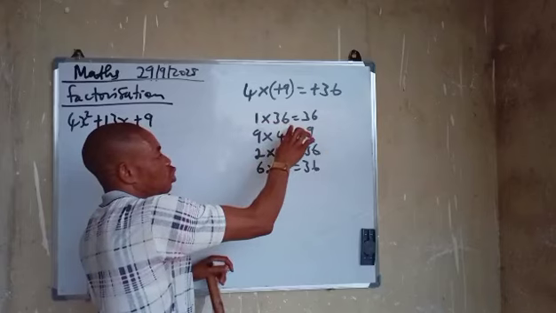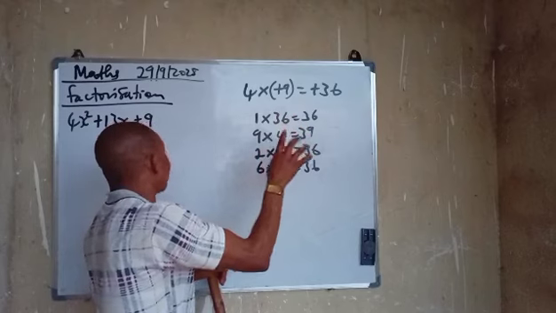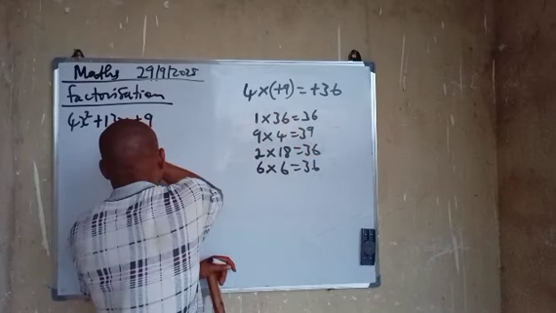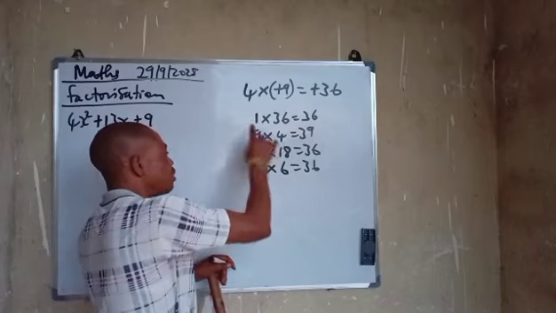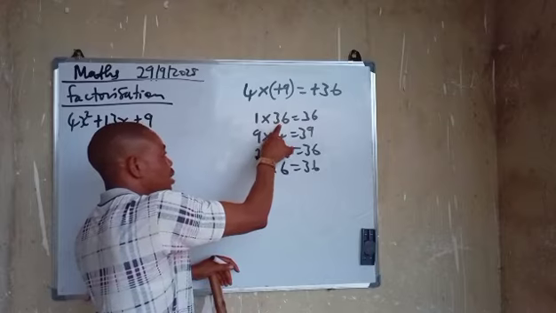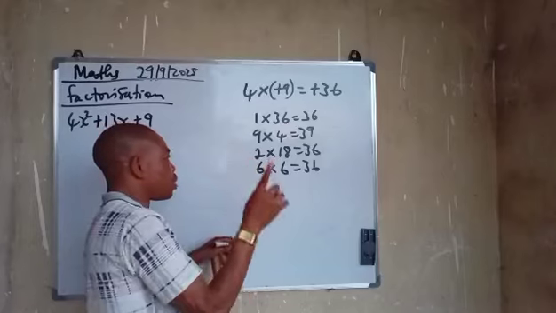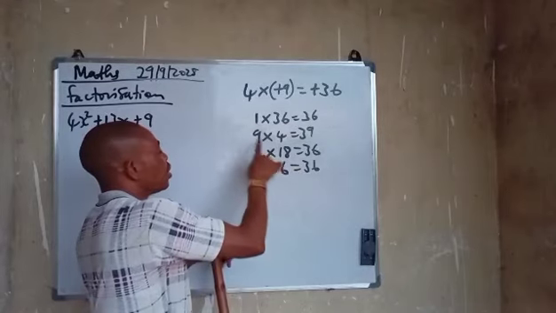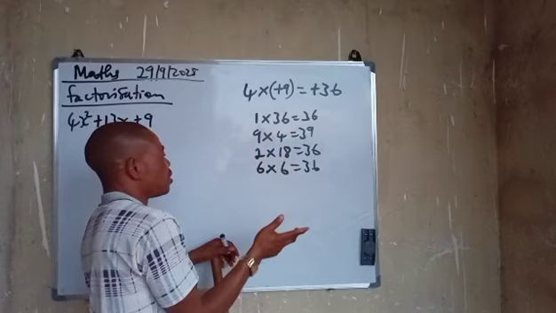Then in the next step, after getting the factors, we look for any pair that, when we add or subtract, will give us the coefficient of the middle term, which is plus 13. So we check the first one, 1 and 36 cannot give us 13, even in addition and subtraction. Then 9 and 4, there is service there.